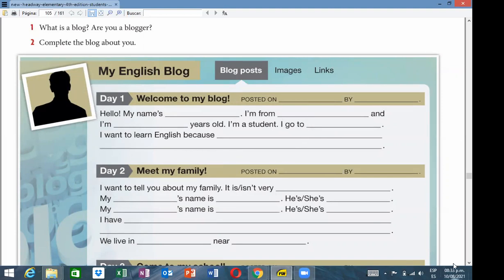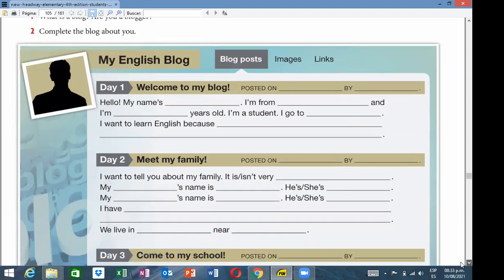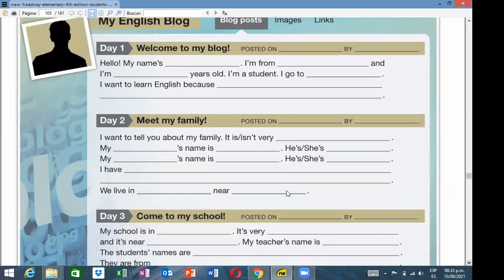Okay, what about the next day, day 2? Meet my family. Here you have to write about your family. So here you have the example. You can start like this and say, I want to tell you about my life. It is very fantastic, interesting. My mother's name is Zenaida, she's very funny.